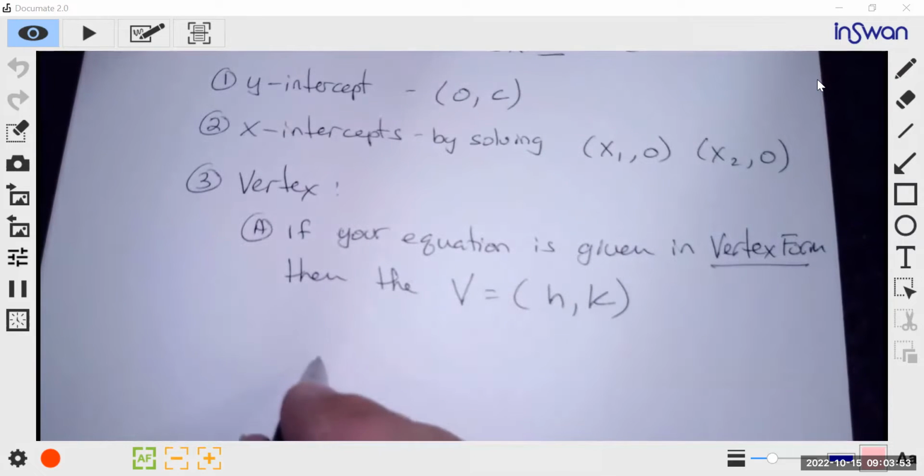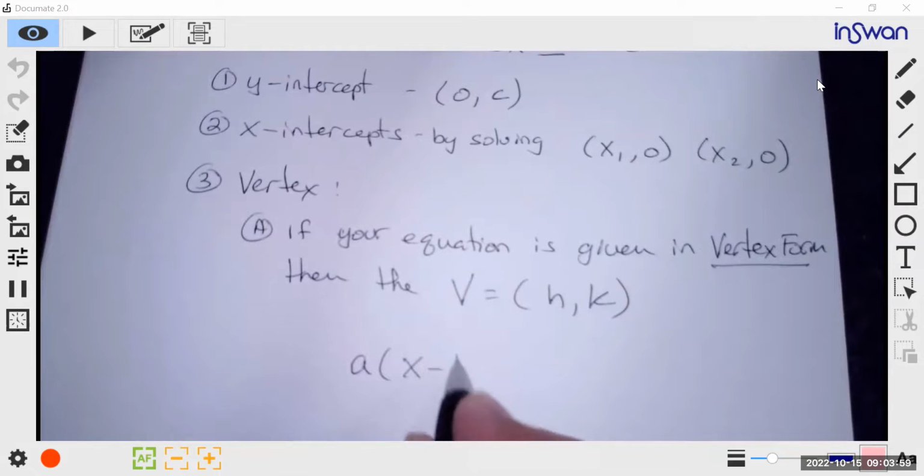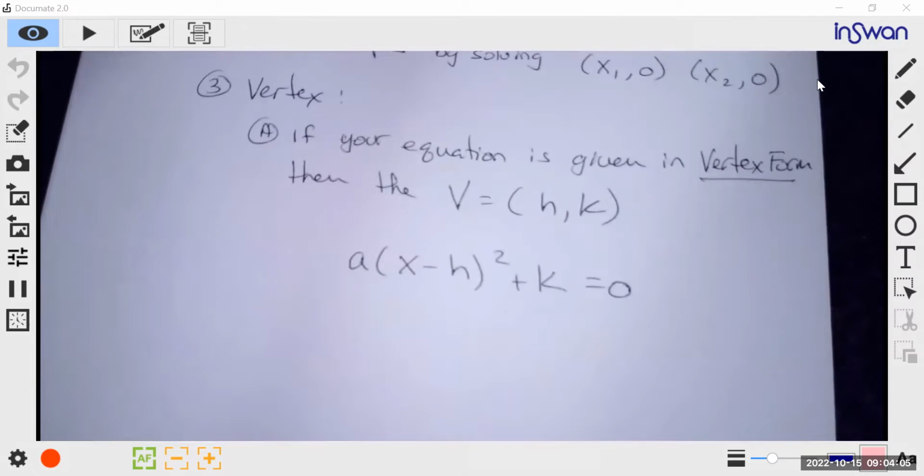Vertex form is like this. That's the vertex form.